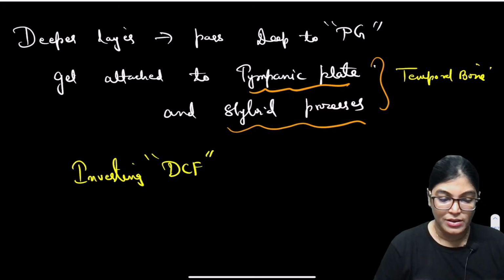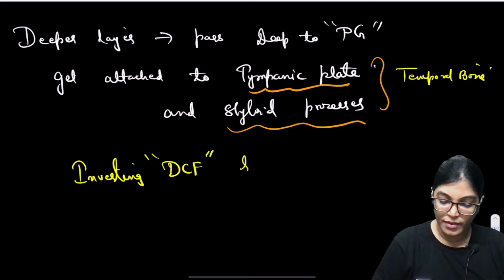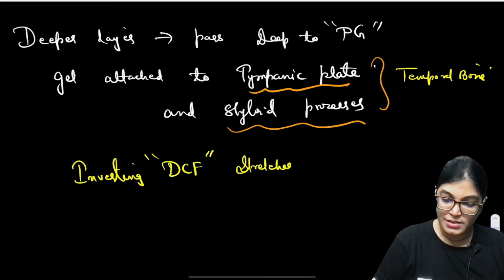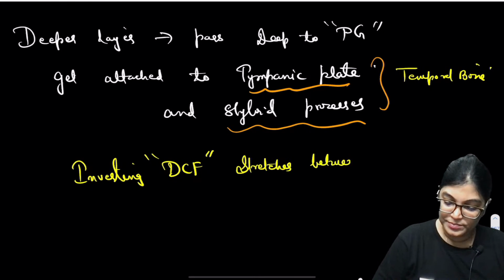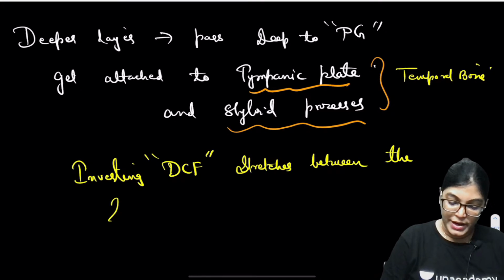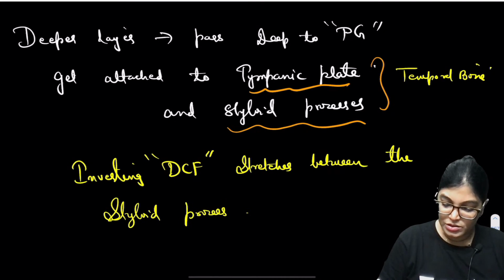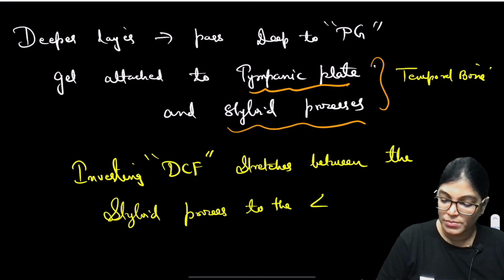So investing layer of deep cervical fascia stretches between the styloid process and the angle of mandible.